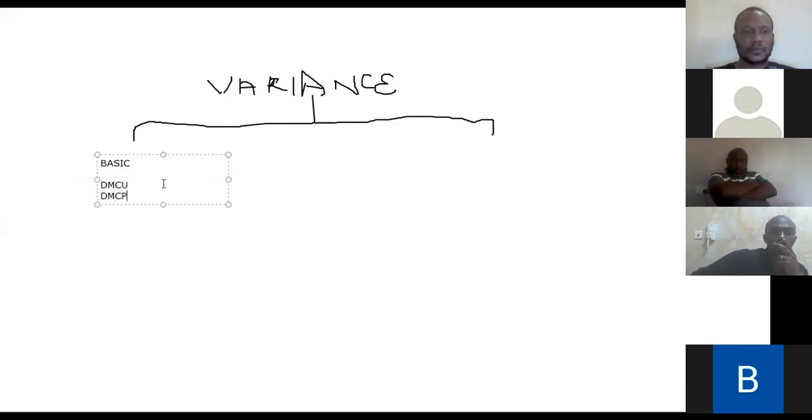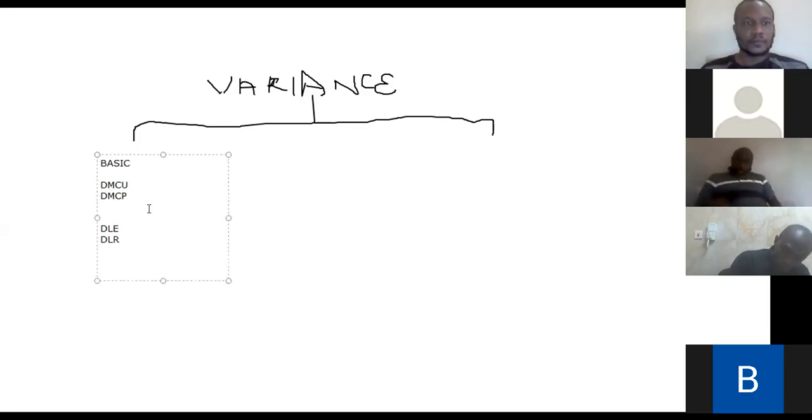Then our direct labor efficiency, direct labor rates. So maybe instead of doing that, I'll just do material variances.